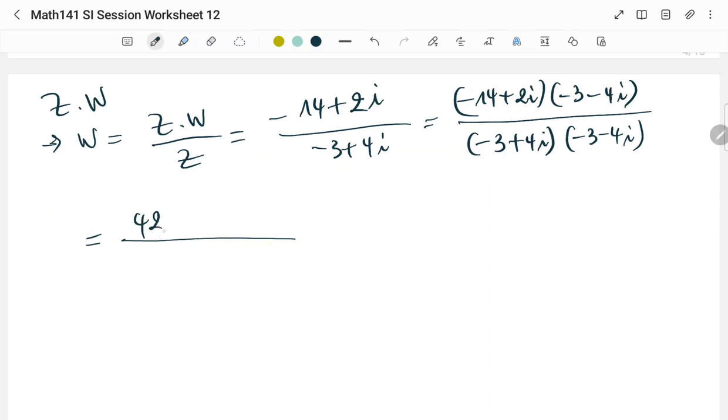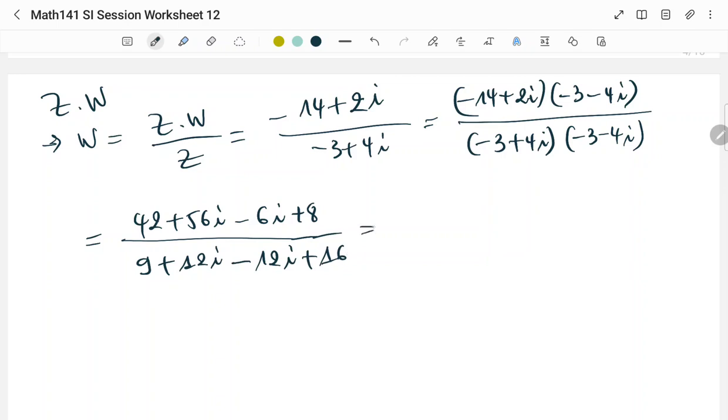42 plus 56i minus 6i plus 8, divided by 9 plus 12i minus 12i plus 16, which is equal to, when you simplify, 50 plus 50i divided by 25, which is just 2 plus 2i.